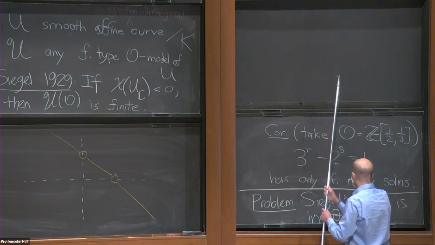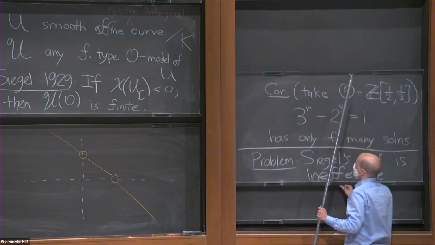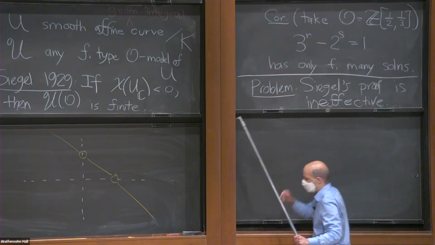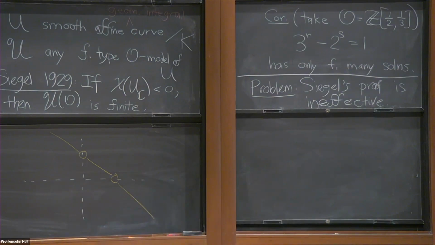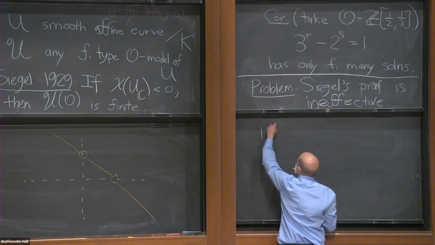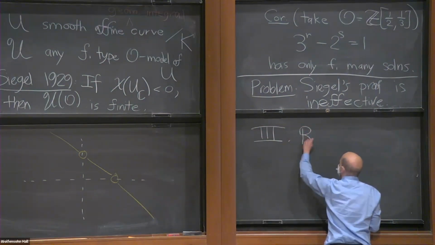Well, it's still not known how to solve this problem in an effective way, but there was progress. So this is what I want to talk about next. This is Baker's theorem.